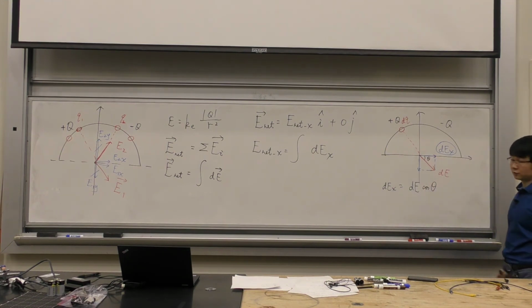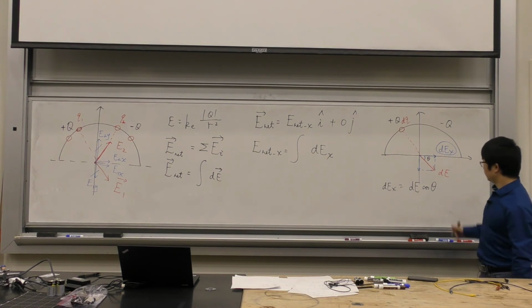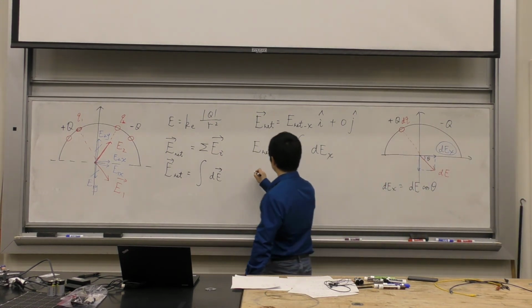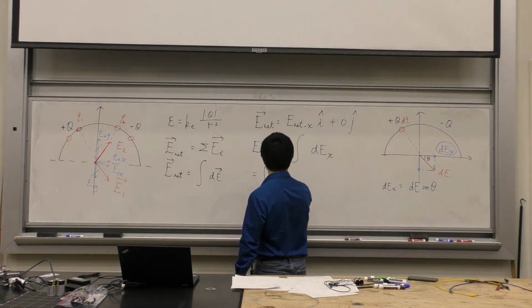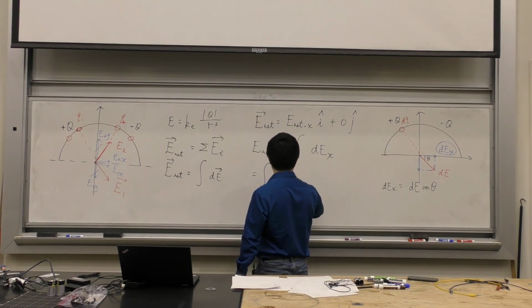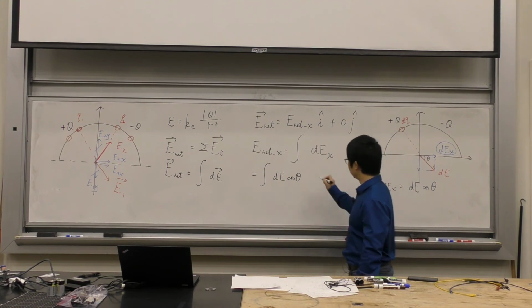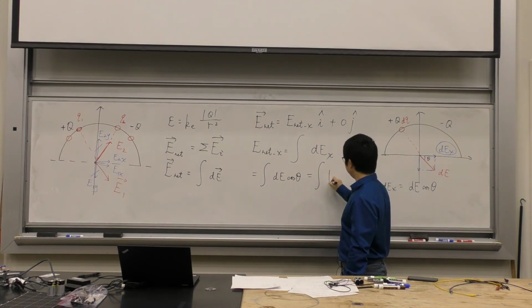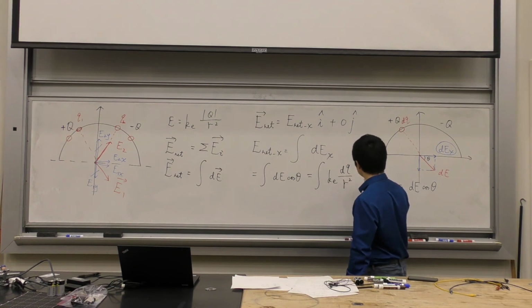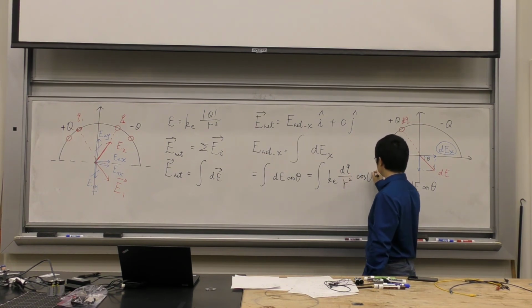So that's going to be dE cosine theta. And then you can put in here, so this guy is going to be equal to dE cosine theta, right? And dE, I know how to write it, okay? So that's going to be ke dq over r squared, we have done that before, times cosine theta.